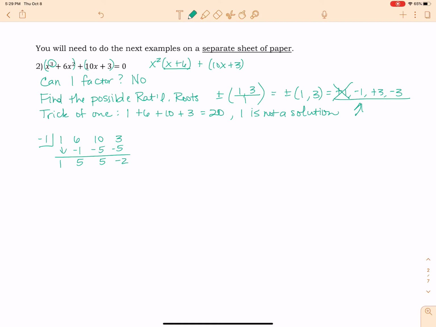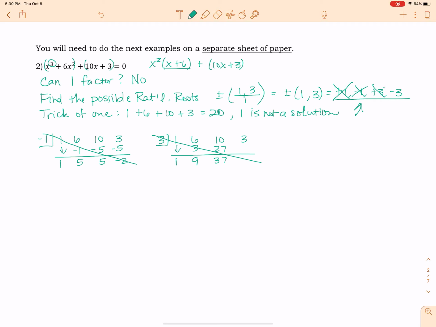Okay, so negative 1 is not a solution. All right, so that didn't work. So now I'm going to try 3. One comes down, I've got a 3, a 9, a 27. Doesn't look like this one's going to work either. All right, so the 3 didn't work.